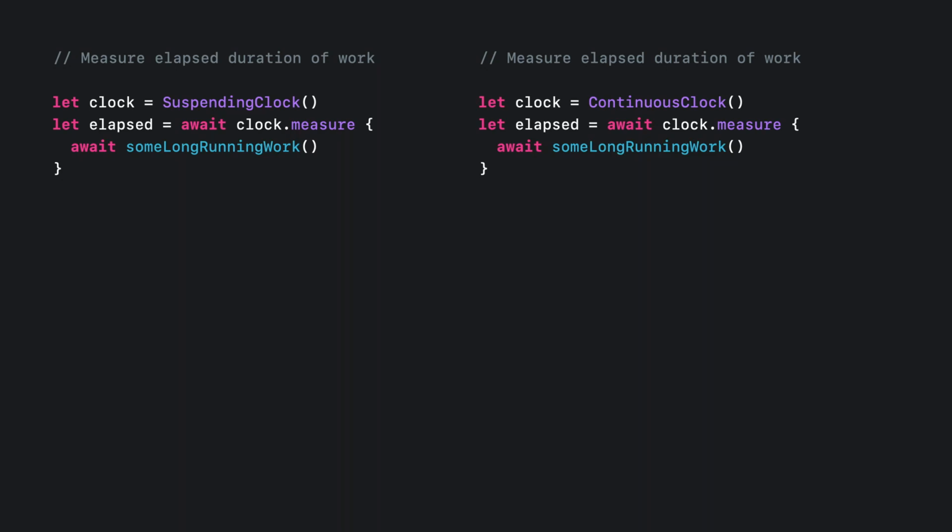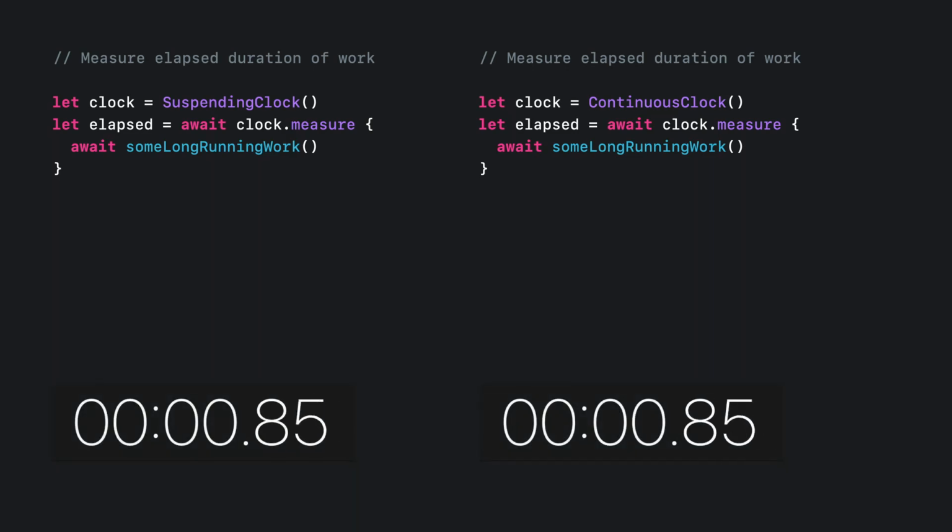Here, we have those two common clocks I mentioned earlier, the suspending clock and continuous clock. Below are displays showing the potential elapsed duration of the work being measured. The key difference between these two clocks comes from its behavior when the machine is asleep. For long-running work like these, the work can be paused, just as we did here.